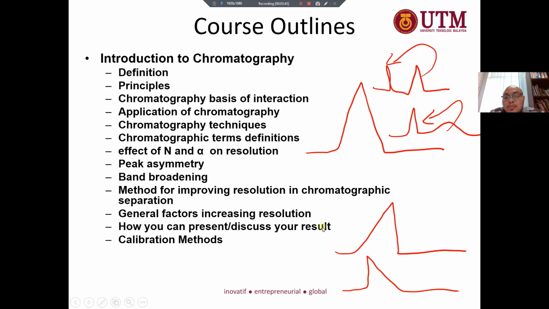I think it's very important if you are doing analytical instrumentation or chemistry analysis during your dissertation, so I believe the information will benefit you a lot. And then we will learn about the types of calibration methods available, and definitely you will use this during your practical in your dissertation if you are doing instrumentation analysis.